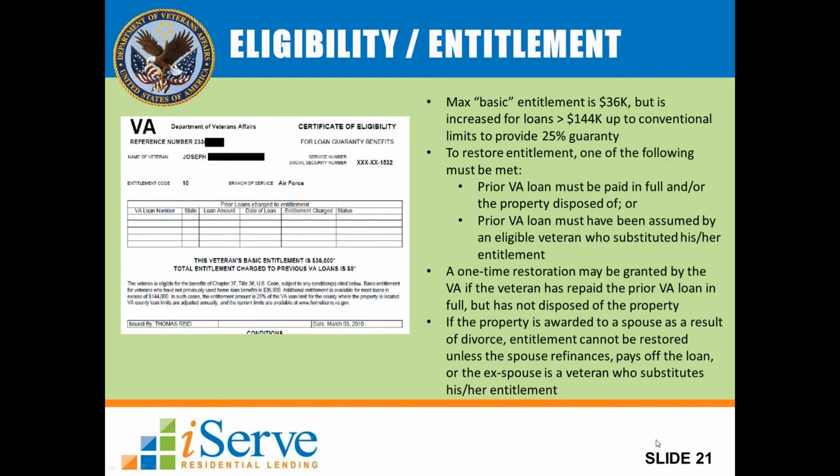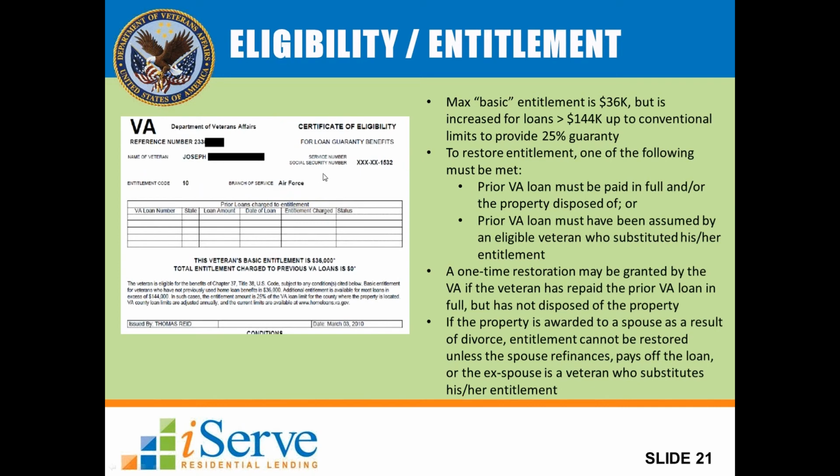So when the certificate is returned, this is what it's going to look like. The names and numbers have been changed to protect the innocent, but it's going to give you their reference number, the name of the veteran, the last 4 digits of the social. We won't go into entitlement codes, but they mean something.